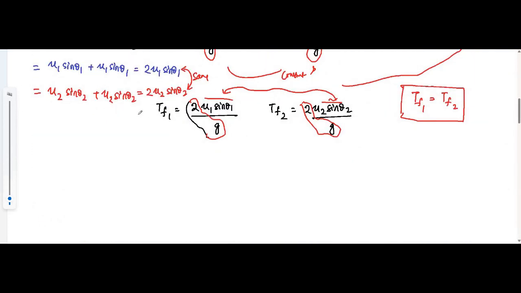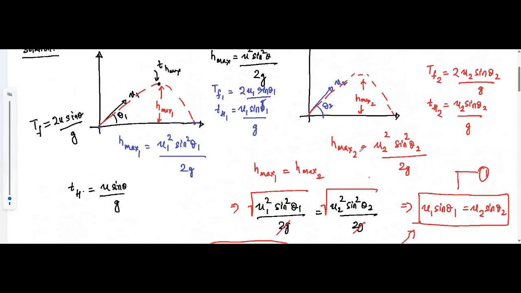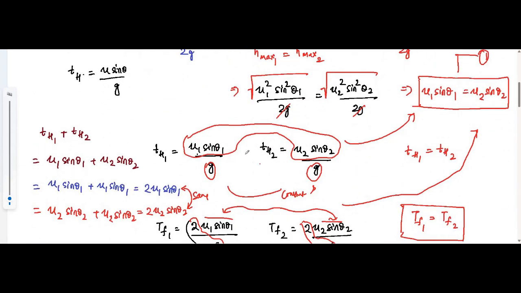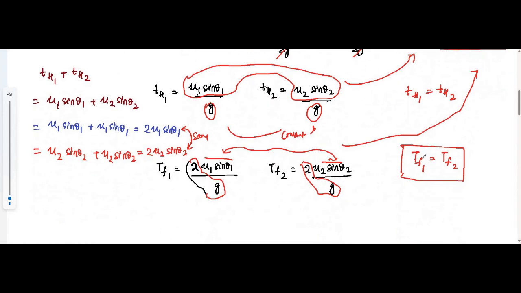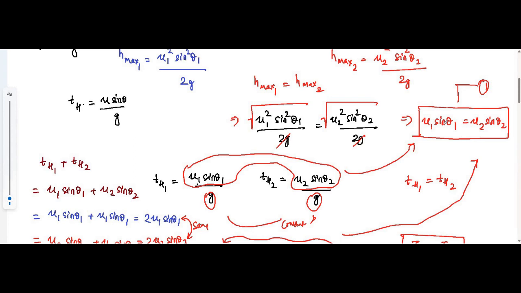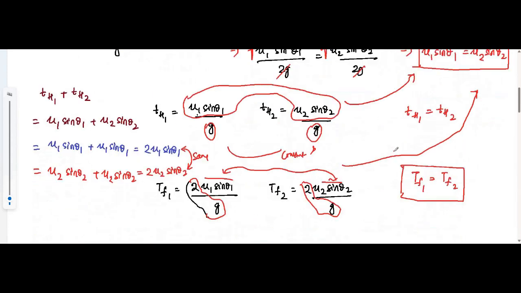Along the way we have also proved many other things: the time of maximum height for both of them is equal, the total time of flight of both of them is equal, and the vertical components of the projection velocities of both the projectiles are equal. So a lot of things we also covered along the way.